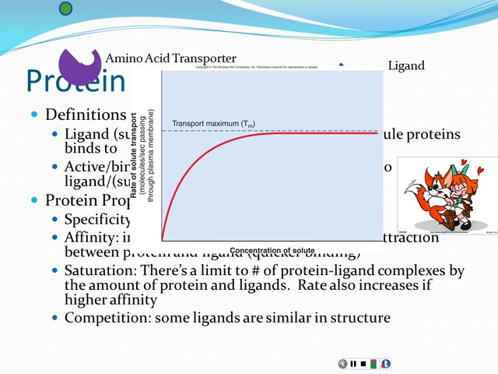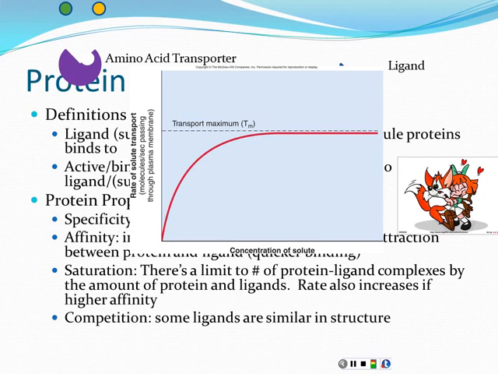Okay, also another property of proteins is that there's potential competition involved with the active site. So if we have something like this amino acid transporter here, both of these amino acids are similar in shape, and so they're going to be competing for this active site.